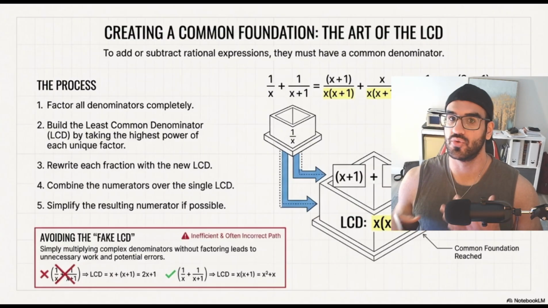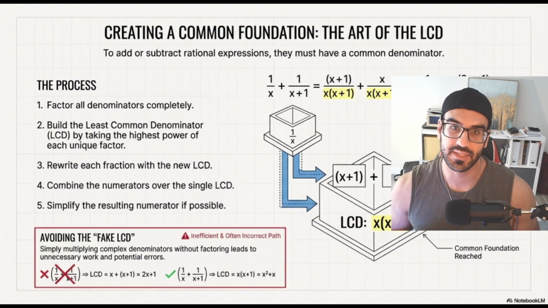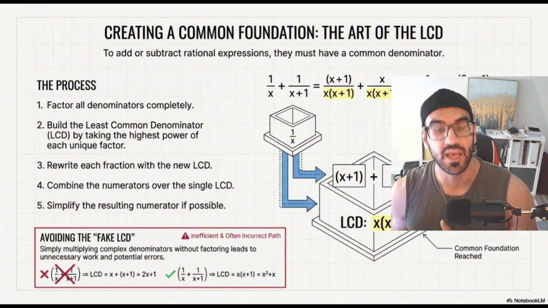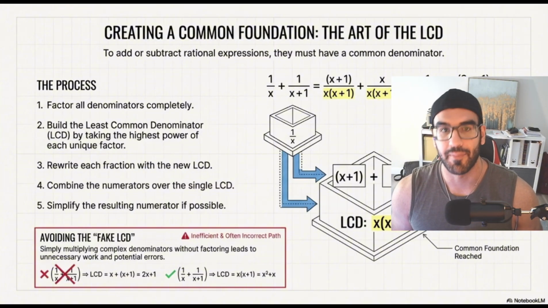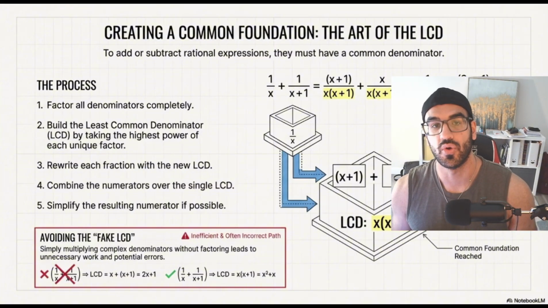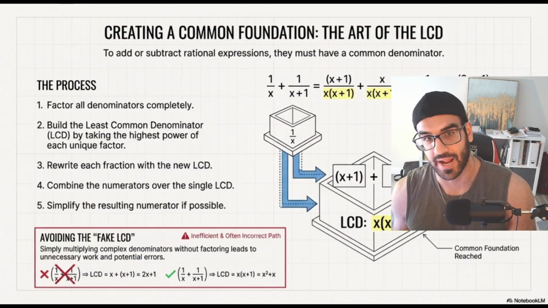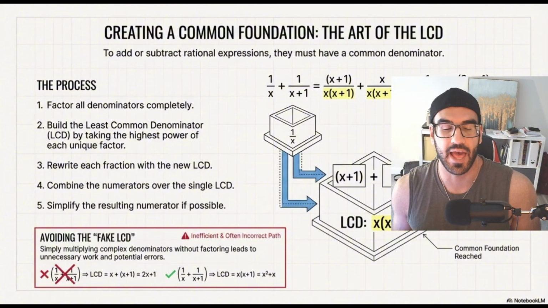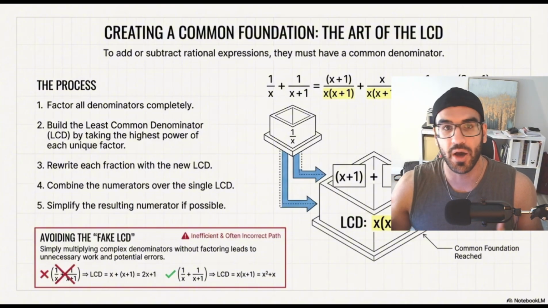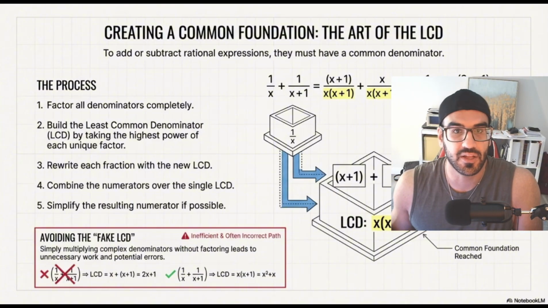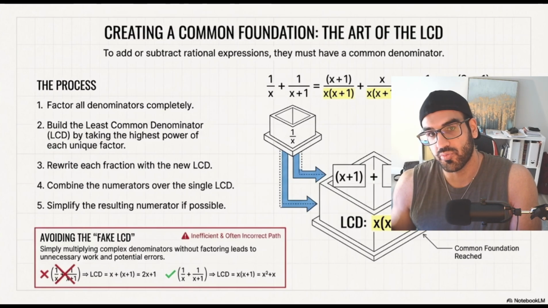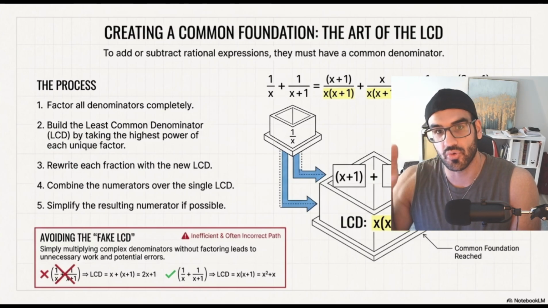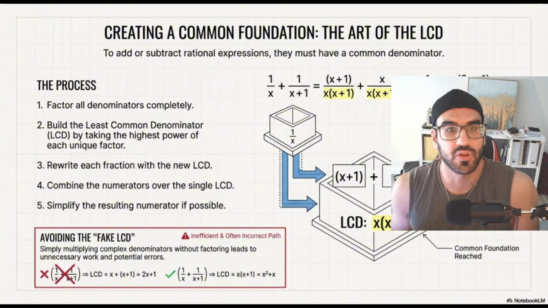After that, the numerator is still itself, because at the end of the day we would not like to lose our balance. We would not like to have a new kind of fraction. We still want to have the same thing. The only thing we are going to do is multiply top and bottom by the same number, which is not going to change anything, because if you multiply top and bottom with the same number, those two numbers are going to cancel each other. So we're not losing anything.